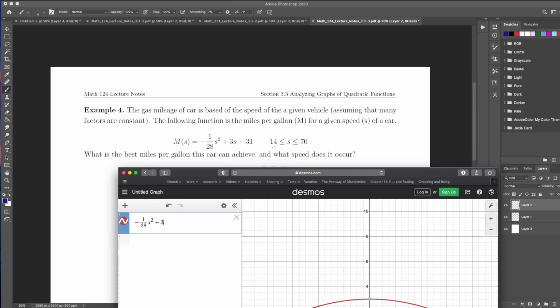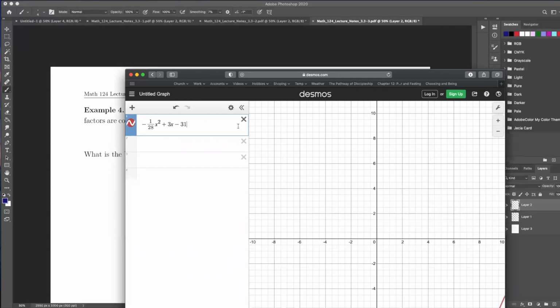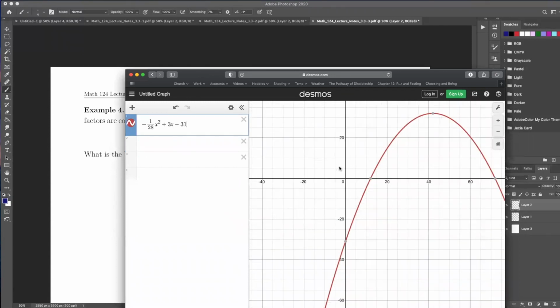Plus 3s minus 31. Oh, hold on. Let's keep it all as X so the program knows what we're doing. Did it graph it? Why you not graph? Oh, it did. It's just way over here.